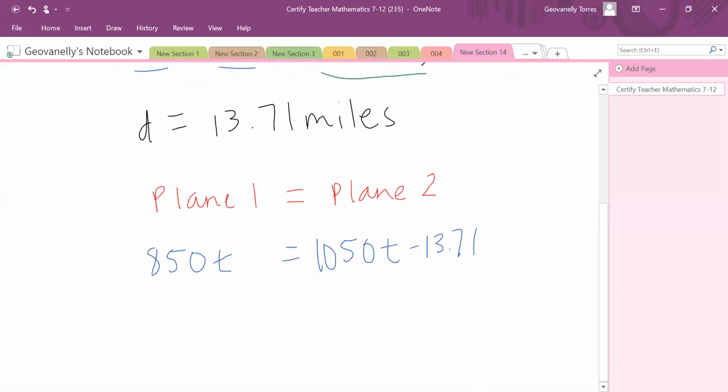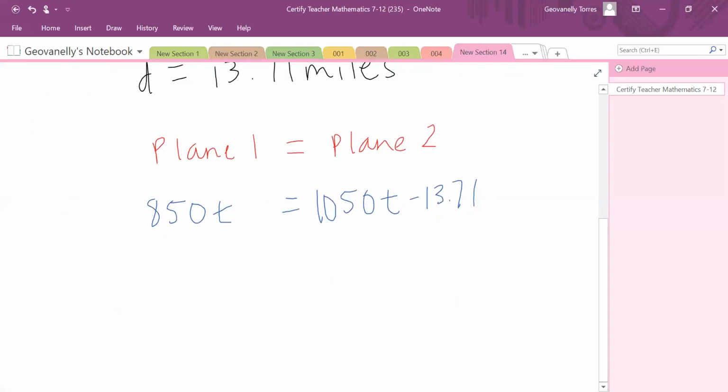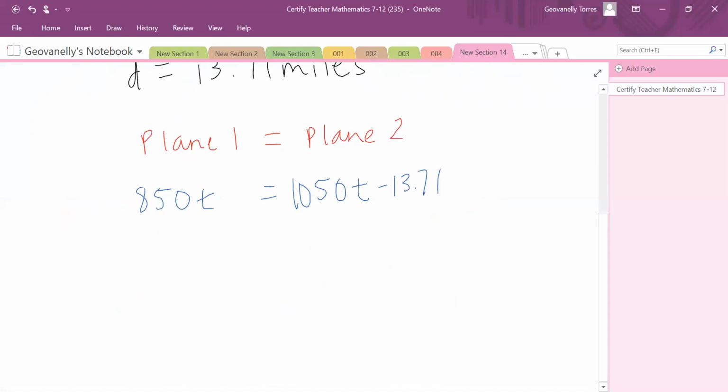We're assuming that this plane 2 is further because it's flying faster. So right here, what we have to do is solve for the variable t.